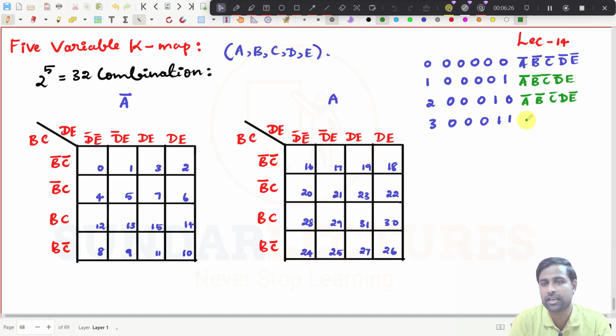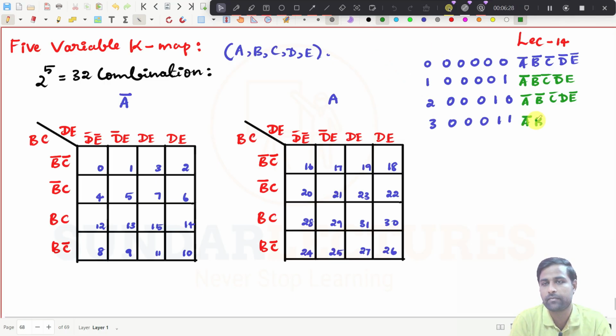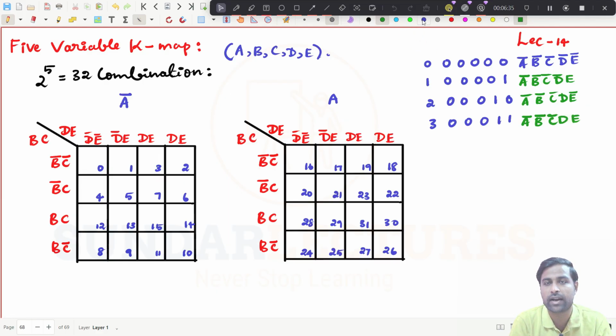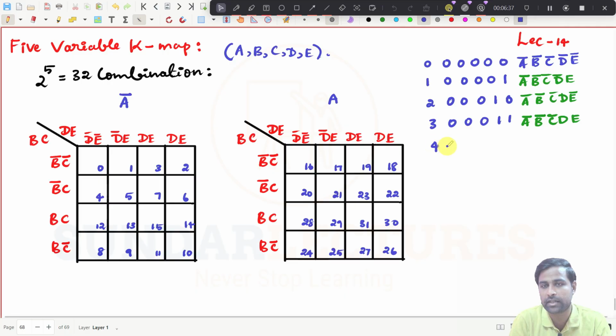And if I write the term, it will be D E, right? And if I go for the fourth min term, it will be 0, 0, 1, 0, 0. And if I write so, what will I get? A bar, B bar, C, D bar, E bar.